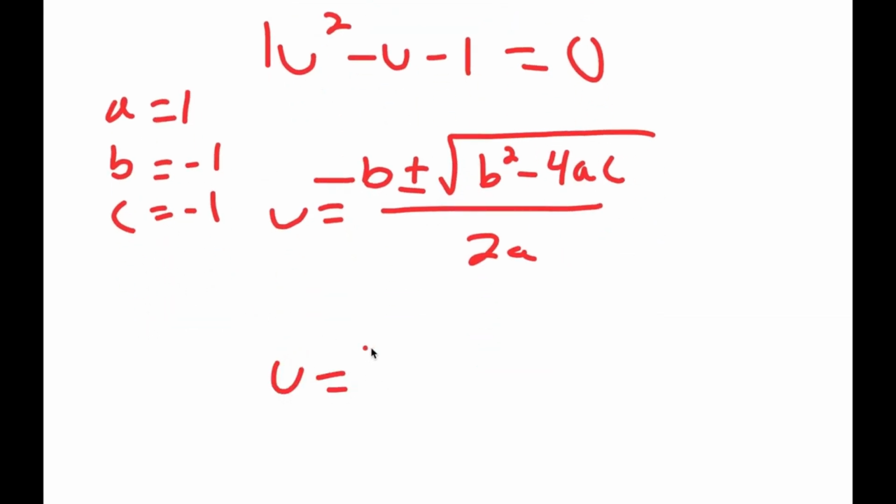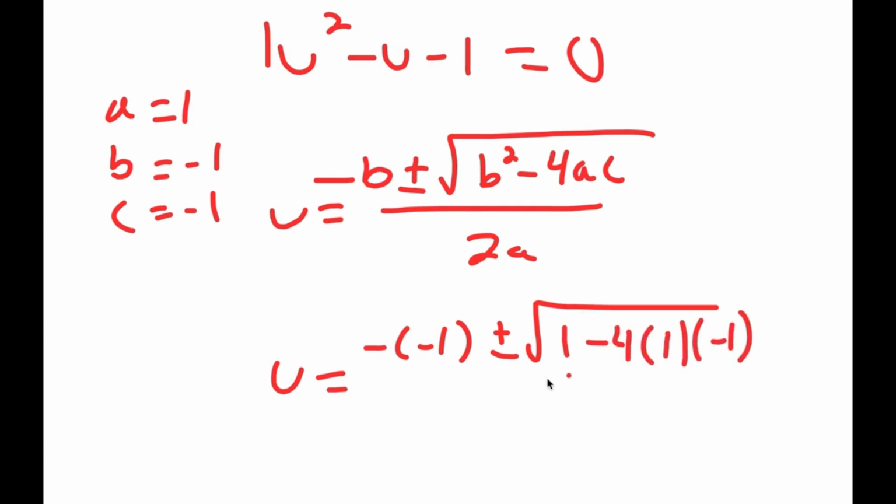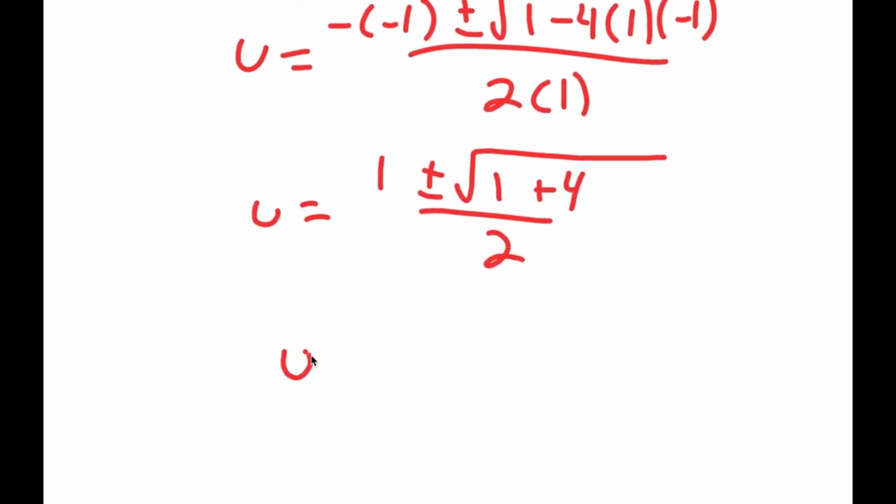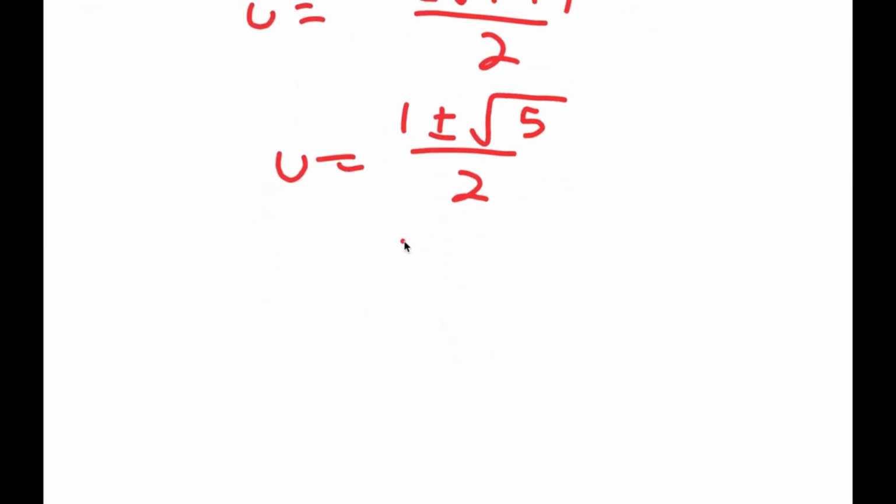So I get u is equal to negative of negative 1 plus or minus the square root of negative 1 squared, which is positive 1, minus 4 times a, which is 1, times c, which is negative 1, all over 2a, so 2 times 1. And this is equal to positive 1 plus or minus the square root of 1 plus 4 over 2, which is equal to 1 plus or minus the square root of 5 over 2. So we have u is equal to 1 plus or minus the square root of 5 over 2.